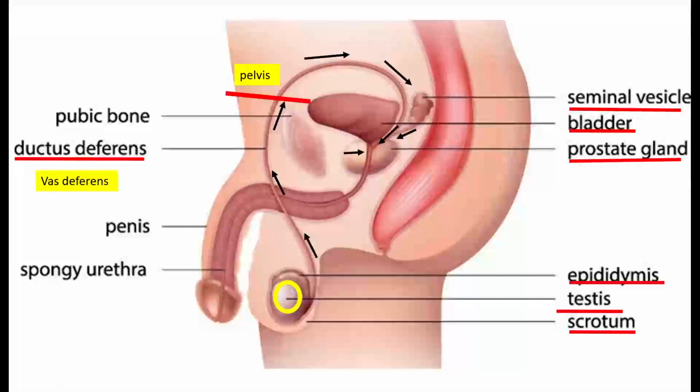Here is the point where the male genital system joins the urinary system, and the sperms are carried by the urethra to be ejaculated. This is quite different from the female genital system. The female genital system is not connected to the urinary system in any way.